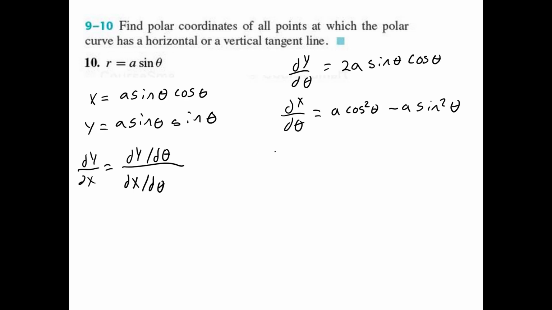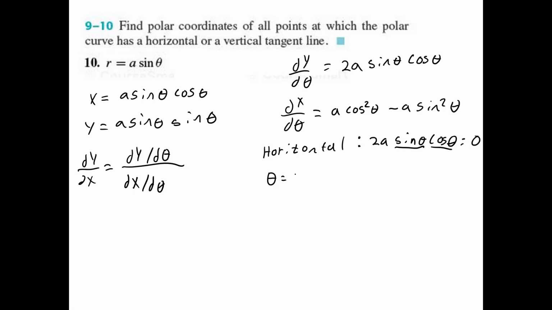And so horizontal, we want 2a sine of theta cosine of theta to equal 0. So that means this will happen wherever either the sine of theta or the cosine of theta is 0, and that happens at all the quadrant angles.